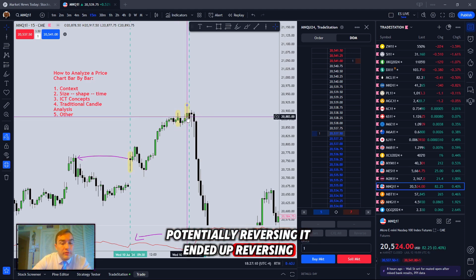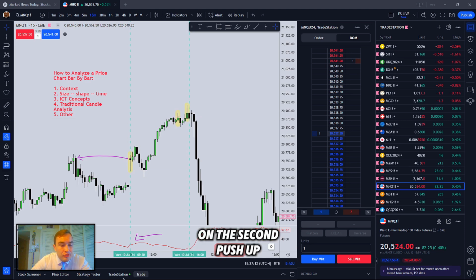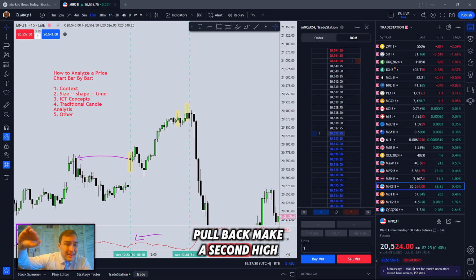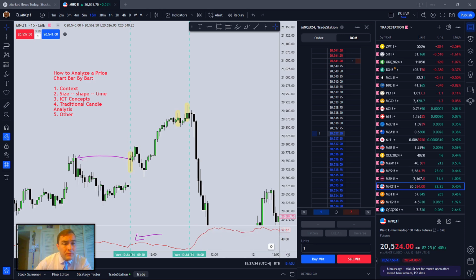It ended up reversing on the second push up. That's something that the market tends to do. It is pretty common for the market to make a high, pull back, make a second high, including a higher high, and then go lower. Sometimes it'll even form a triple top or a quadruple top. But usually the market likes to do things twice. Not always, but twice. Okay, guys, so that's something that you've got to get used to.